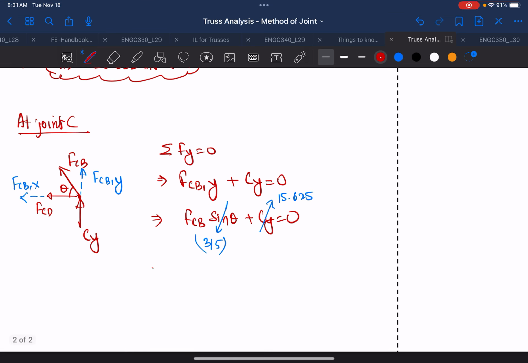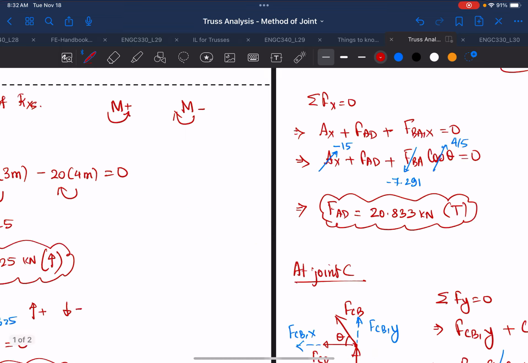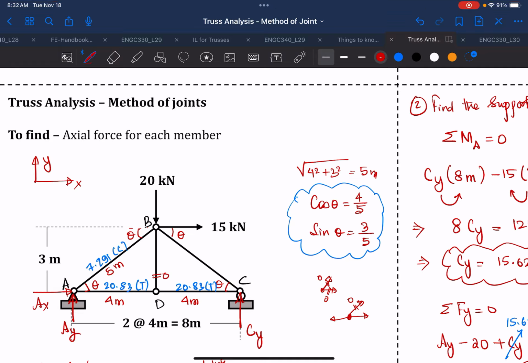So if you put all the values, you'll find that FCB is equal to minus 26.042 kilonewton, or 26.042 kilonewton compression. So there you have all the values of your member forces, and that's how you solve using method of joints.